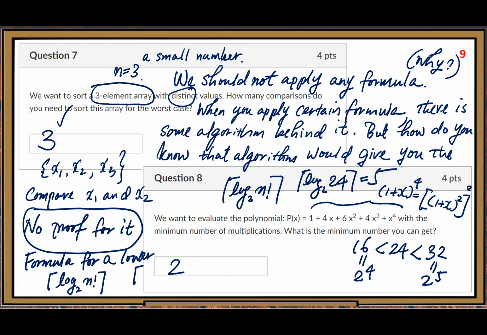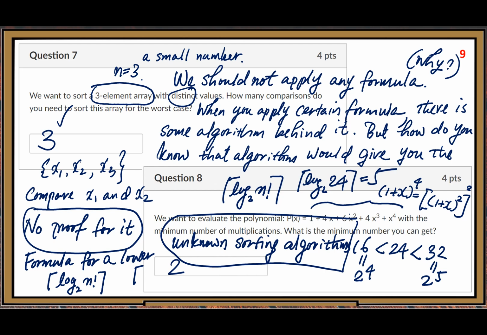Unknown sorting algorithms. Here, most of those algorithms are unknown. That's the lower bound formula.